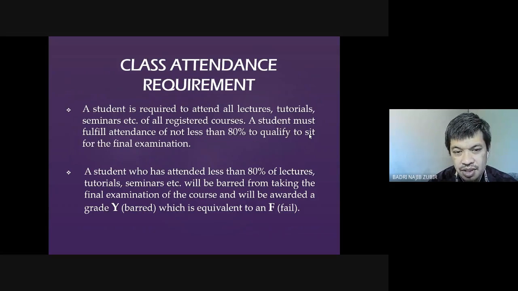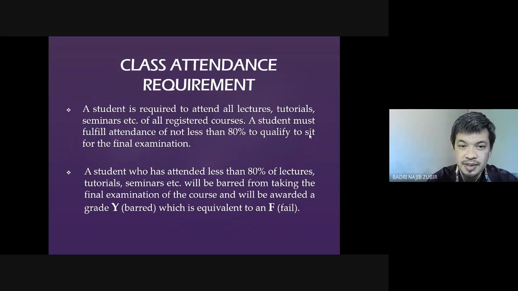We call it barring. When you are prevented or barred from taking the final exam, you are going to get grade Y, which is equivalent to F. It means that there is 0 quality point.